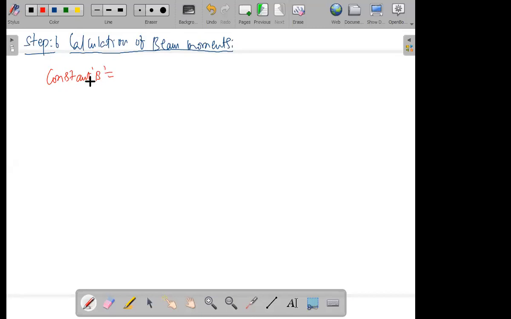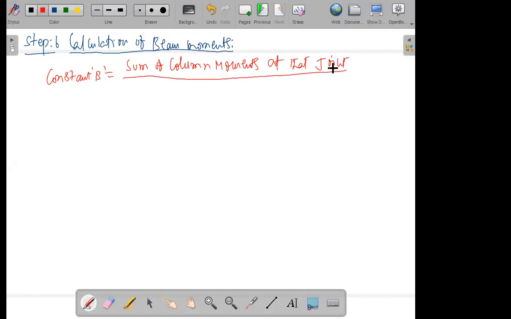Anybody? Constant B is equal to the sum of column moments at that joint divided by the sum of gutter moment factors at that joint.